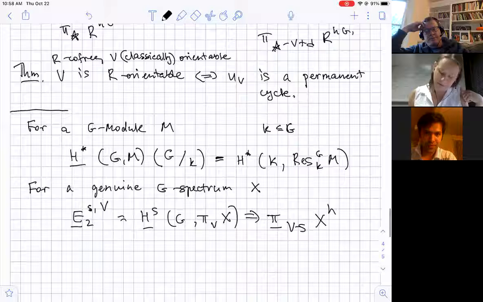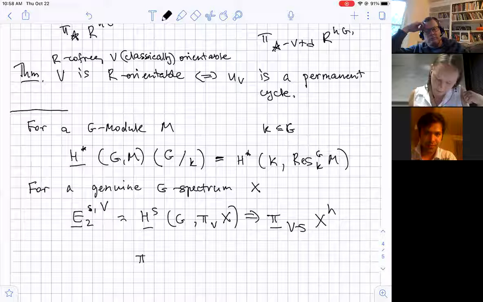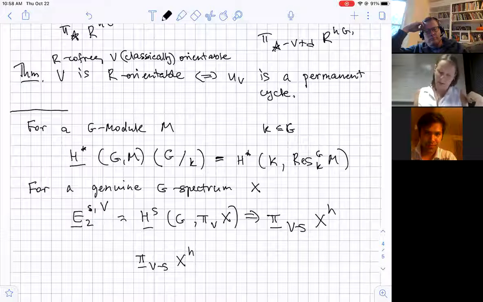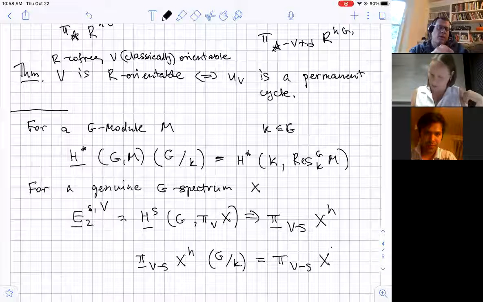So let me define what that is. This is a Mackey functor such that if I evaluate it on G/K, I just get the usual homotopy group of the homotopy fixed points.